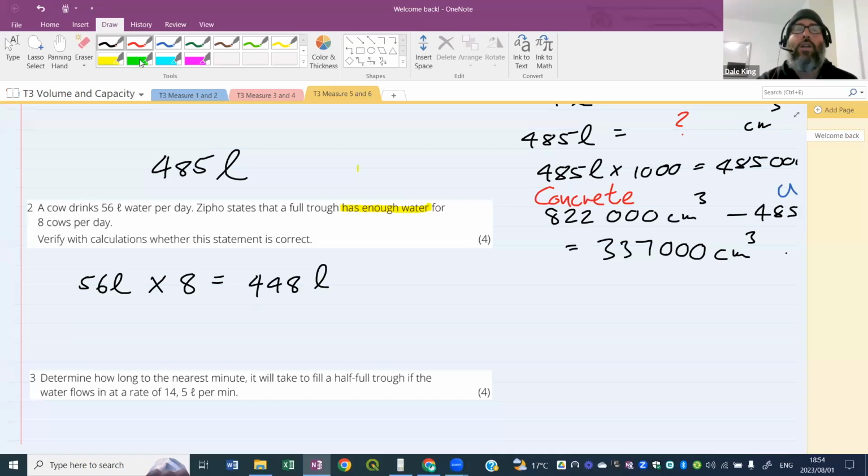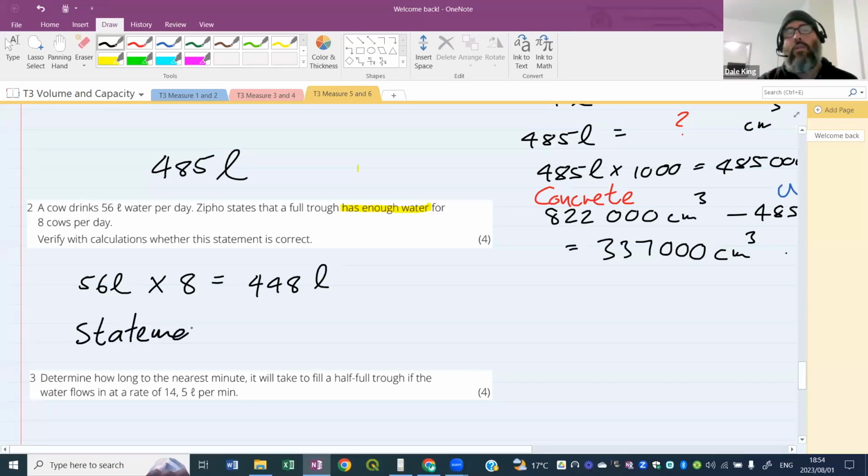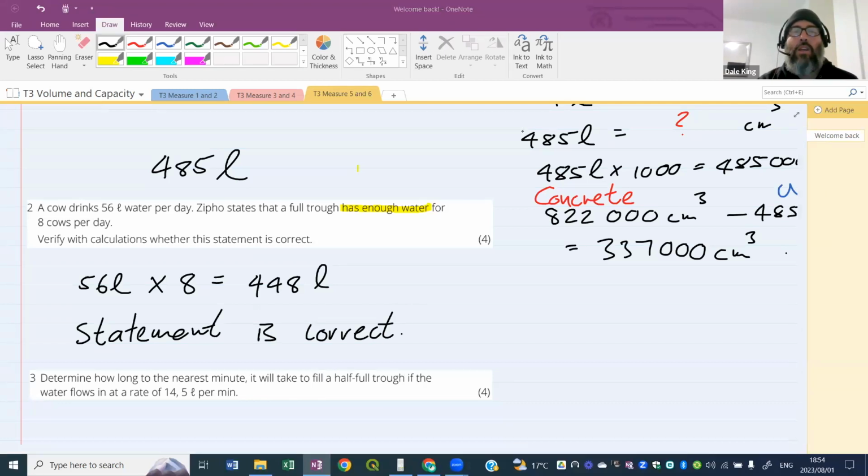So the statement is correct. You knew the calculation and you jumped to the calculation. Be careful. The question says has enough water. If the question was, is the exact amount, then it wouldn't be correct, but it has enough.